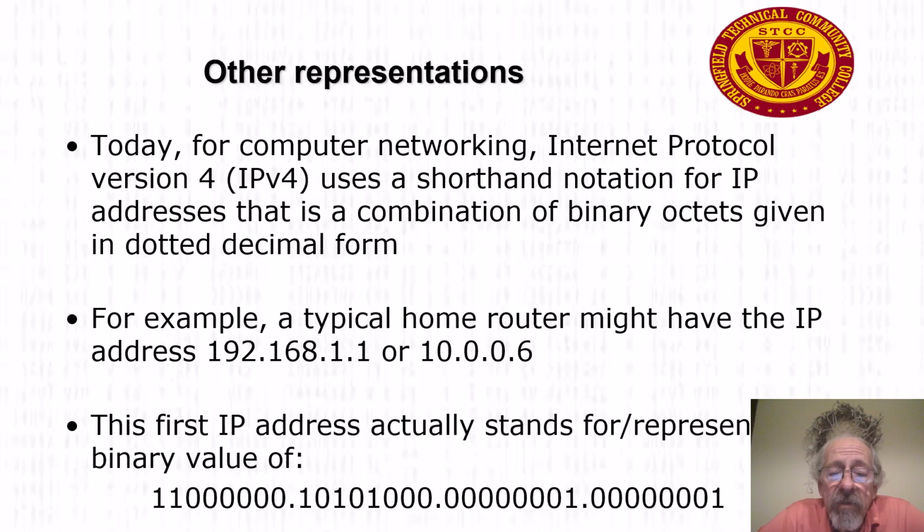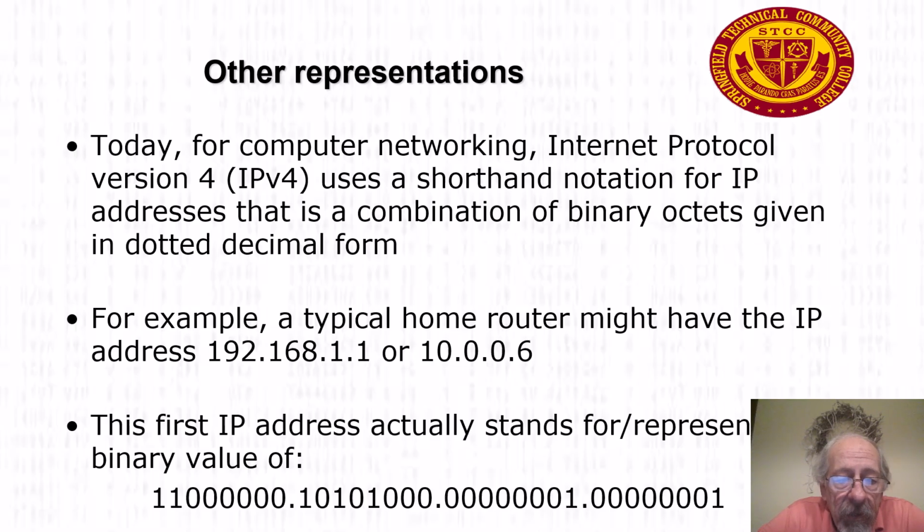That first IP address actually stands for or represents the binary value of, and here you see 32 binary bits. So the first 8 binary bits of this 32-bit binary number actually stand for 192. If you do the conversion from binary to decimal, the first one has a value of 128.